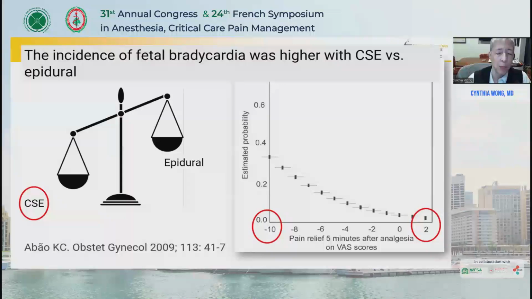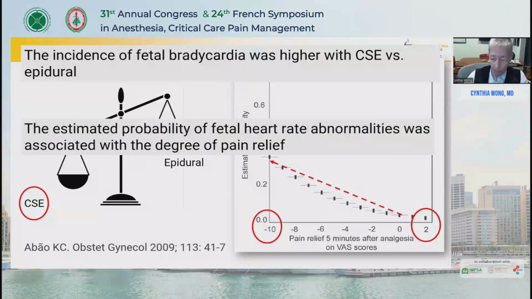In fact, this pain score went up to 2, right? So I think this is important and may explain the reason why we see more fetal bradycardia with the CSE versus the epidural technique, because the pain relief is more rapid and more profound.